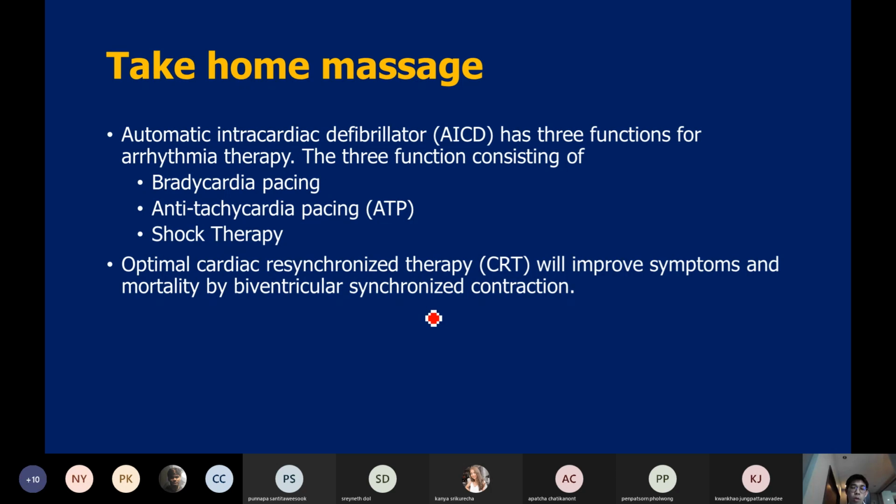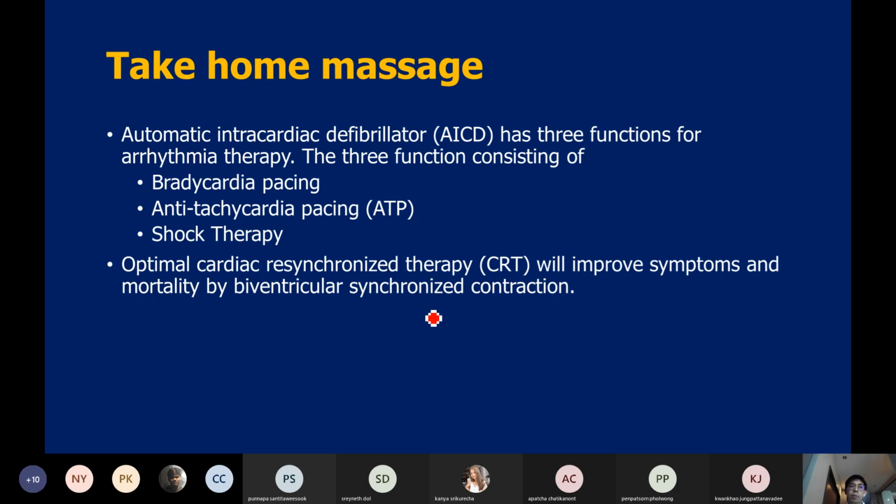And it could deliver shock therapy. And the last one is optimal cardiac resynchronization therapy, including selection of patients according to their clinical status, and a good implant and program of CRT would benefit patients with improved symptoms and mortality through biventricular synchronized contraction.